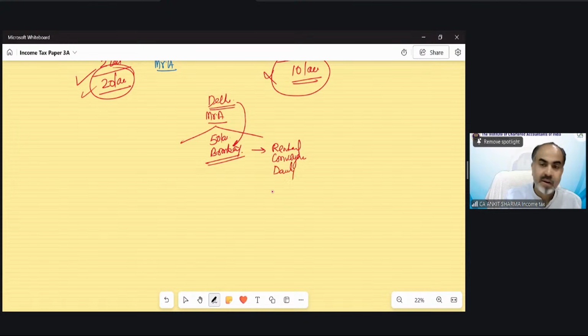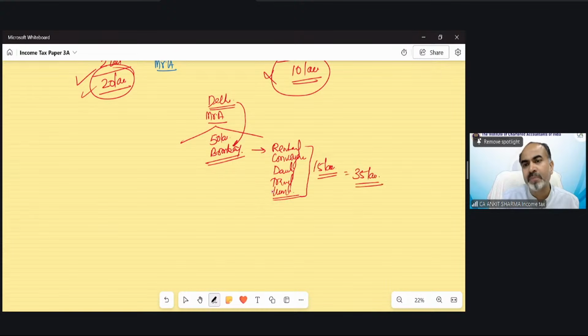There could be travel expenditure also. There could be lunch expenditure also. So we need to calculate approximately how much these expenditures would be if we switch to Bombay from Delhi for this job opportunity. And we have calculated 15 lakh rupees would be the expenditure. So technically he will have 35 lakh rupees in hand.